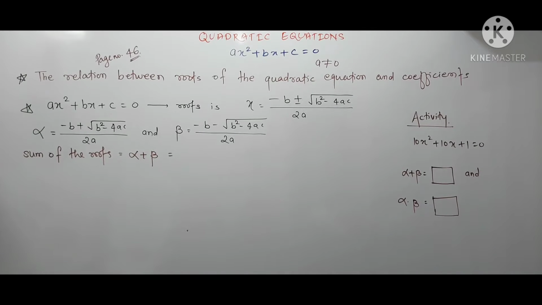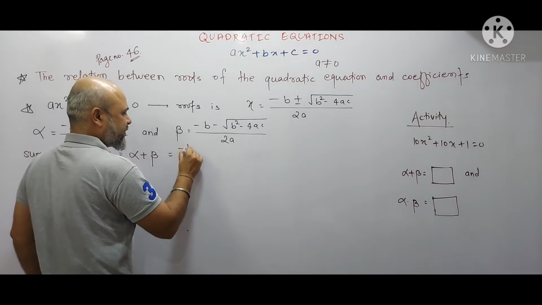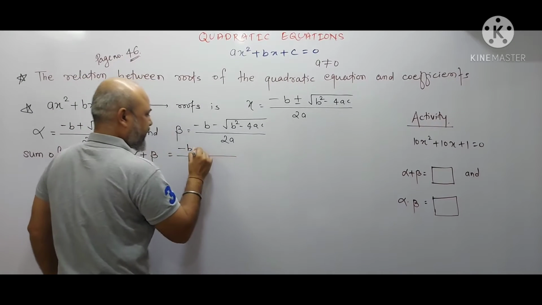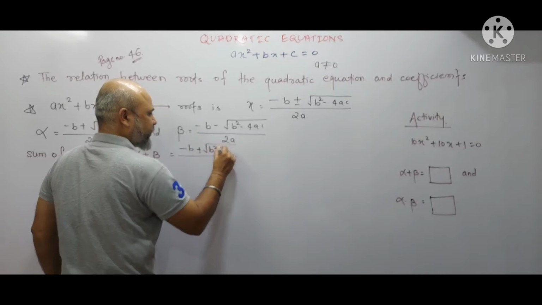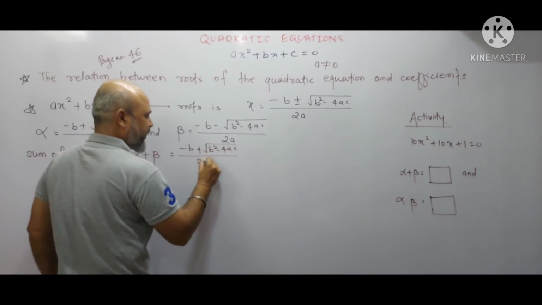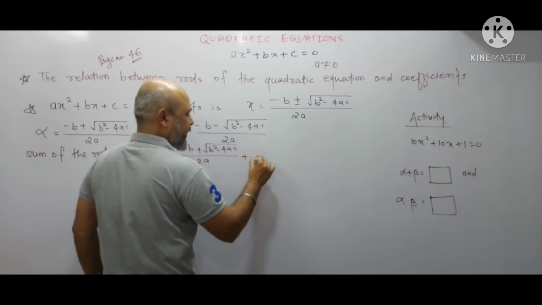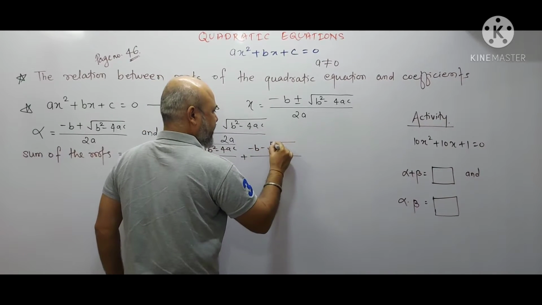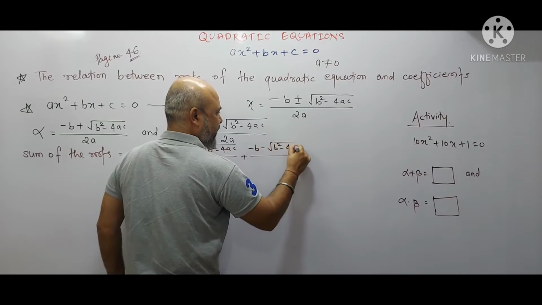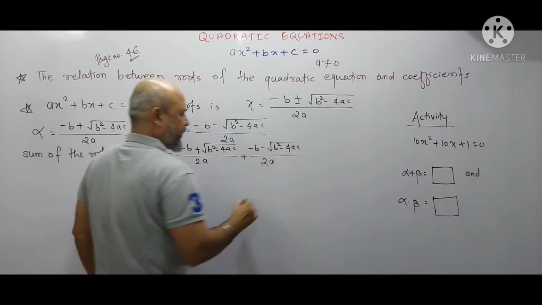Alpha and beta. What is alpha? Alpha is (−b + √(b² − 4ac)) divided by 2a, plus beta, which is (−b − √(b² − 4ac)) divided by 2a.